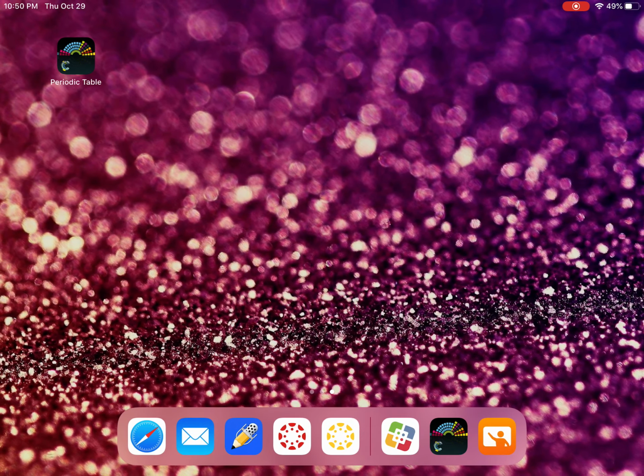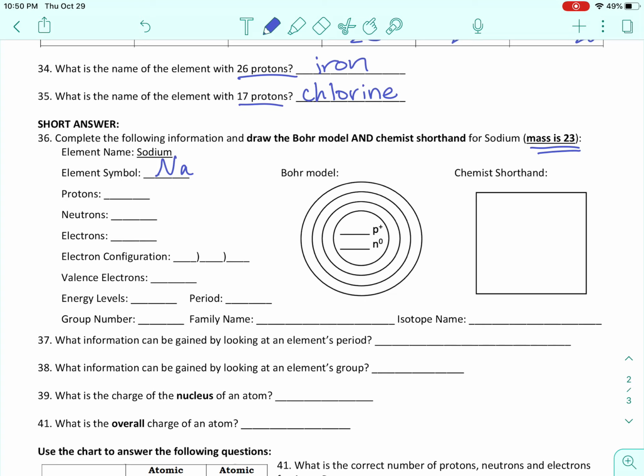So atomic number of 11 means that we have 11 protons. We're going to have 11 electrons because we're going to assume that it's neutral. If the mass is 23, we can find the neutrons by doing the mass number minus protons. So 23 minus 11 is 12.